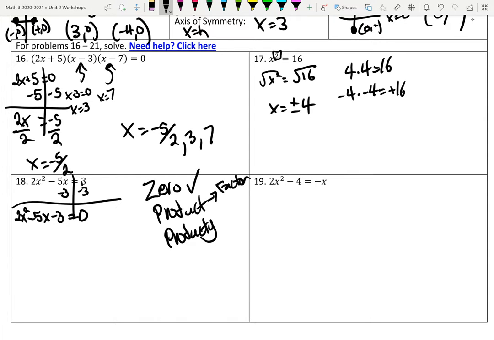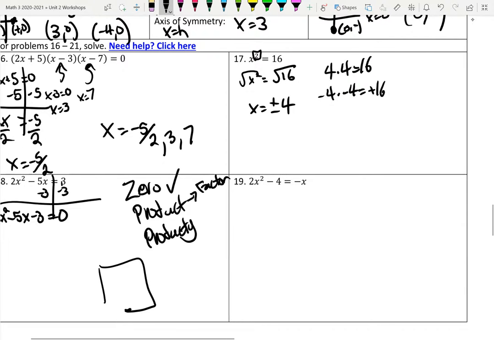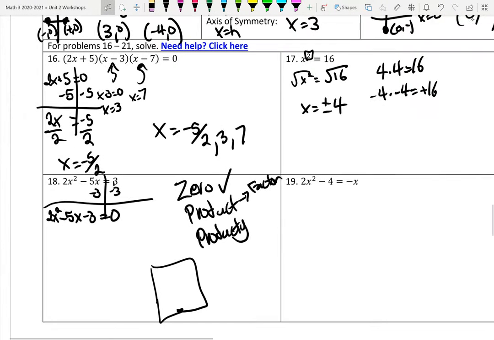So my favorite method on the planet is this area model. I'm going to put the first and the last term in the box, 2x squared and negative 3. What numbers multiply to be negative 3? I see that it's a negative 6 and a positive 1, so I'm going to make sure I keep the negative because it's the larger digit. And now I'm going to go ahead and make the 2 and the 1. 2 times 1 is 2.